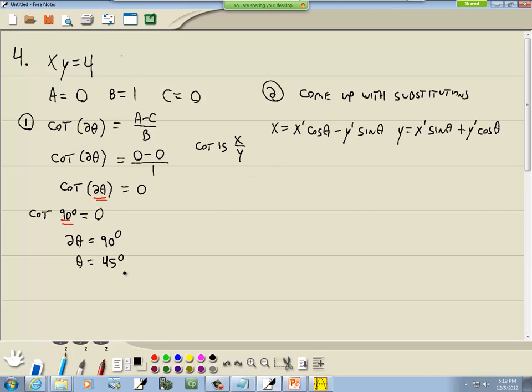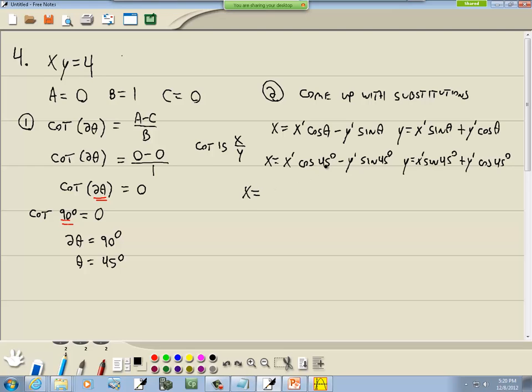Well, we just said theta is 45 degrees, so x is equal to x prime cosine of 45 degrees minus y prime sine of 45 degrees. And y is going to be equal to x prime sine of 45 degrees plus y prime cosine of 45 degrees.